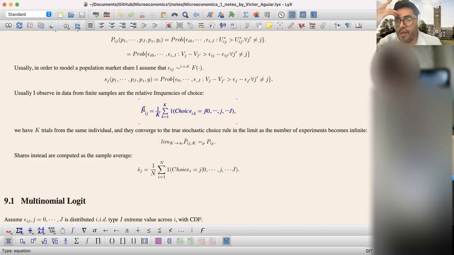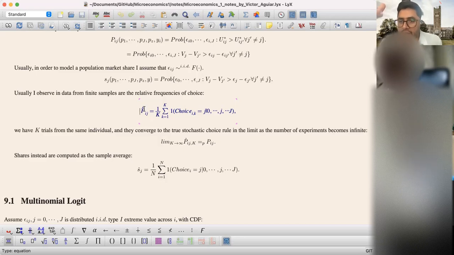So in theory, our theory could go either for individual probabilities, which means that, for instance, you're choosing in an experiment hundreds of times, which is very hard to get. Or the other object, which I want you to think more about, the share of the population. And as the population grows, these objects will converge to the true share.